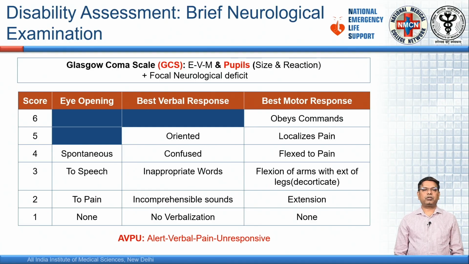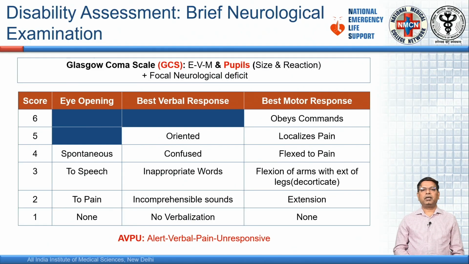These have scores from 1 to 4 for eye opening, 1 to 5 for the verbal response, and 1 to 6 for the motor response. 3 is the minimum, 15 is the maximum.